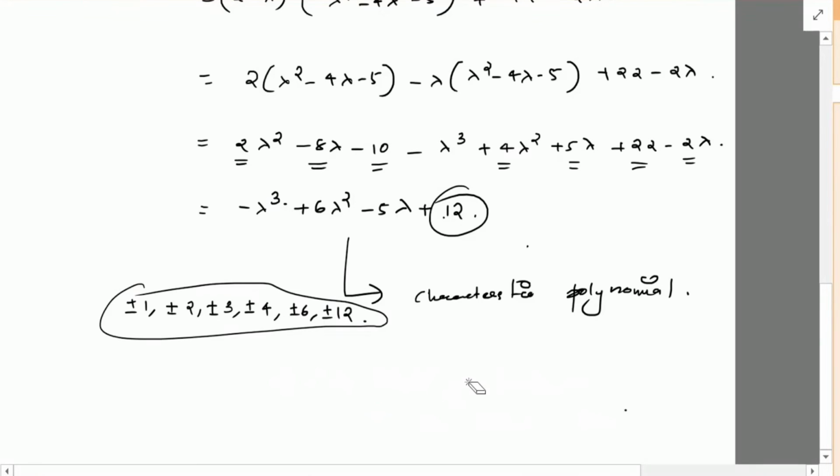What about 3? Minus 3 cube plus 6 into 3 square minus 5 into 3 plus 12. So that is equal to minus 27 plus 9 into 6, which is 54, minus 15 plus 12.